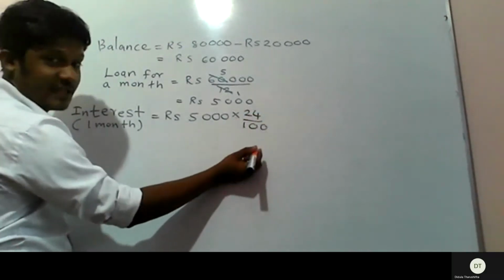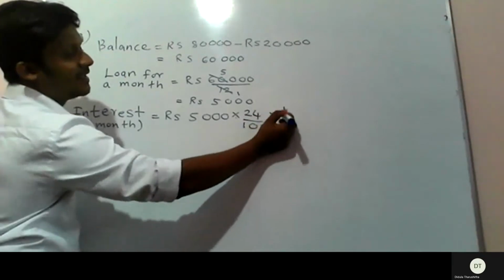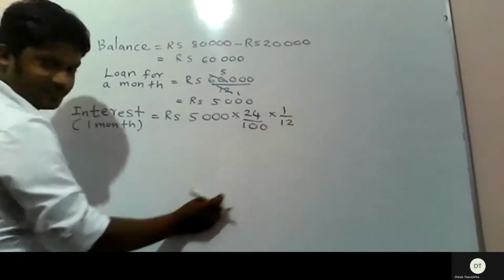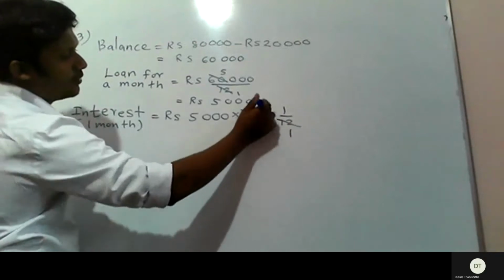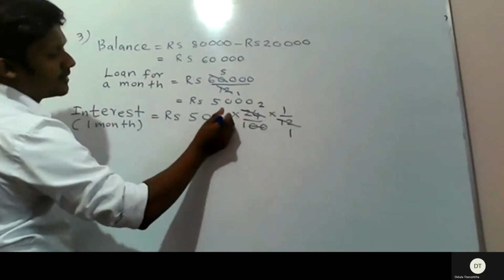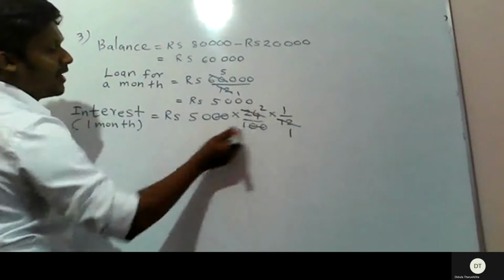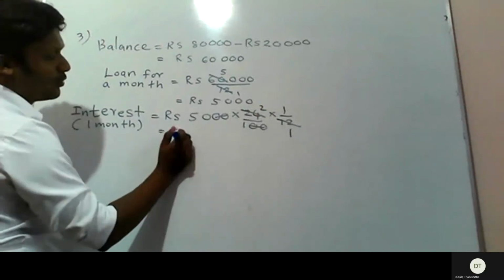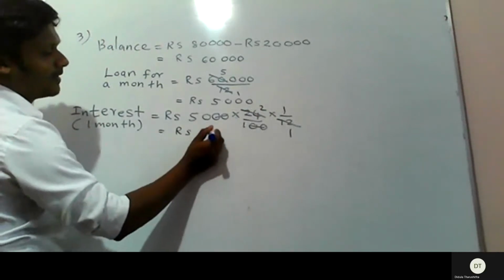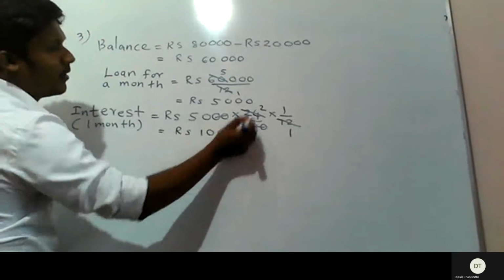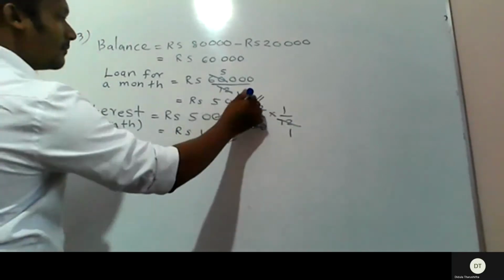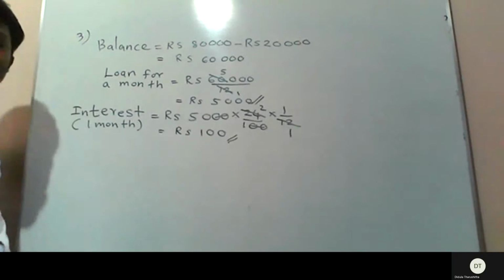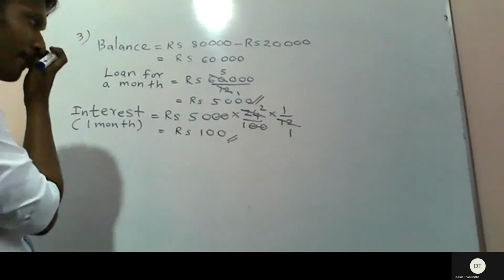But Putha, we have divided this by 12 because it's the interest for 1 year. Then 12 is 1, it's 2, double zero double zero cancel. 500, 550 into 2, rupees 100. This is the interest for 1 month.